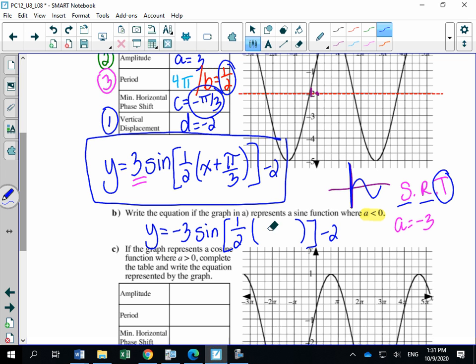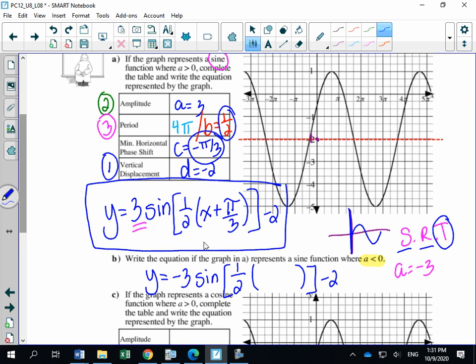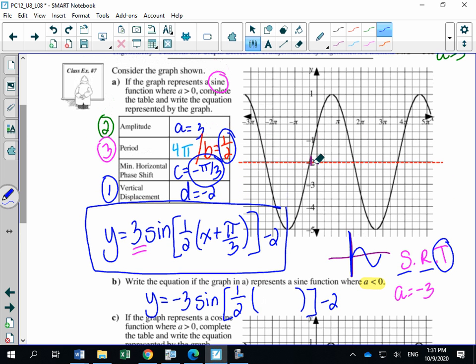So again, when A is less than 0, it means that this 3 is now negative 3, but it means my graph underwent a reflection. So here's what I have to do. I have to find my original graph. So my original graph, after the stretch, was this here. Okay, so what I'm going to do is move this so that you could visualize this.